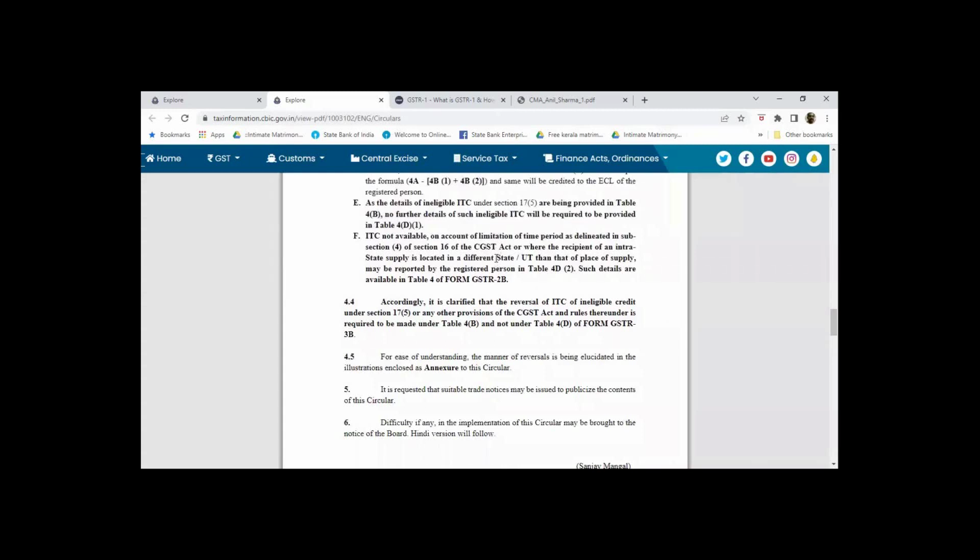As the details of ineligible ITC under section 17 subsection 5 are being provided in table 4B, no further details of such ineligible ITC are required to be provided in table 4D1.